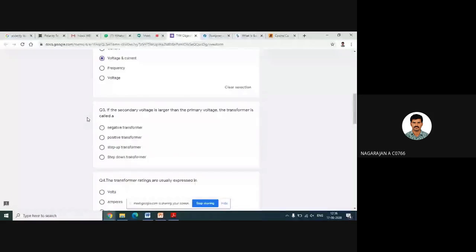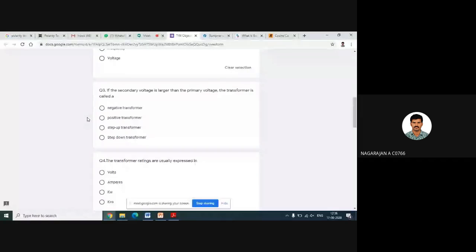Third question: if the secondary voltage is larger than the primary voltage, the transformer is called what? The given answers are negative transformer, positive transformer, step down transformer, and step up transformer. Secondary voltage is greater than primary voltage, that is, on the load side I am getting higher voltage.